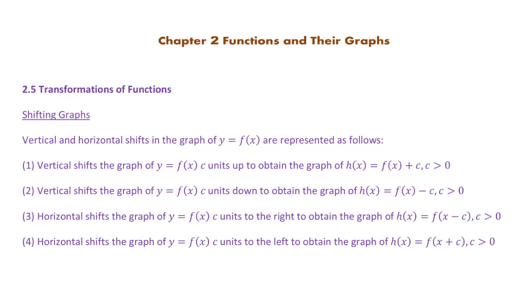So for example, h(x) equal to f(x) plus 1 is just the graph of f(x) shifted upward by 1 unit. Okay. Similarly, if you shift the graph of y equal to f(x) c units down, then you're going to get the graph of h equal to f(x) minus c, right?